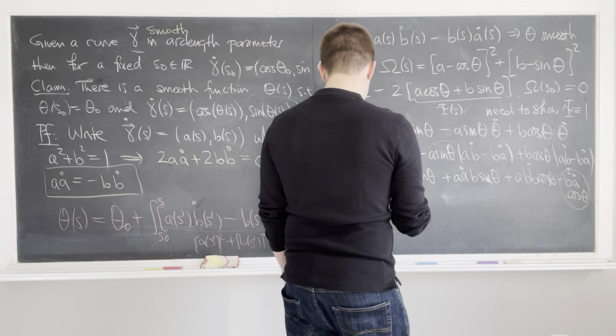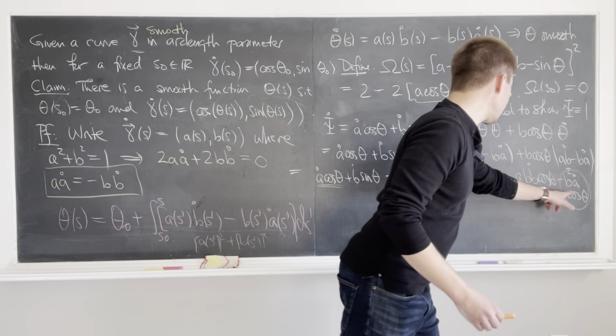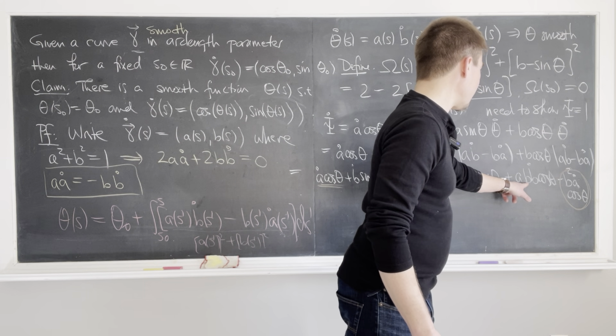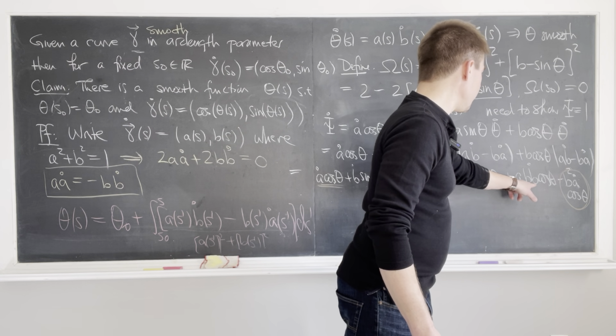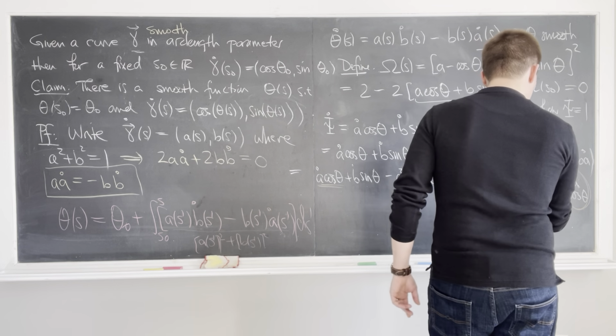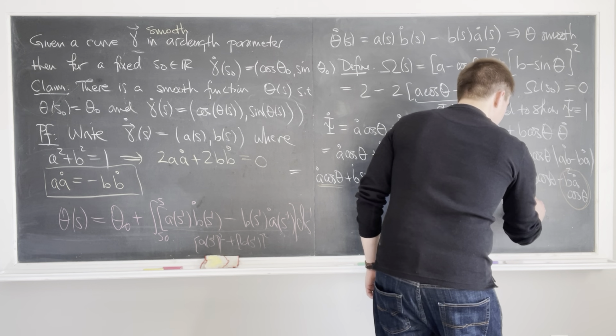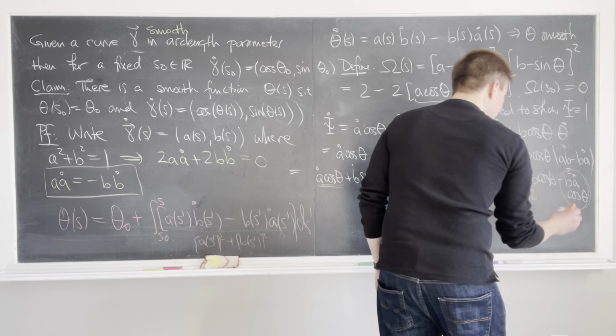Let's be a little bit careful about this. I need to have an a dot cosine theta, so I have an a dot cosine theta with b squared, and then I need an a dot over here. Well, what I can do is replace b b dot with negative a dot.